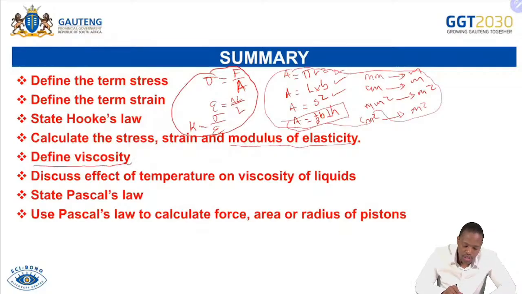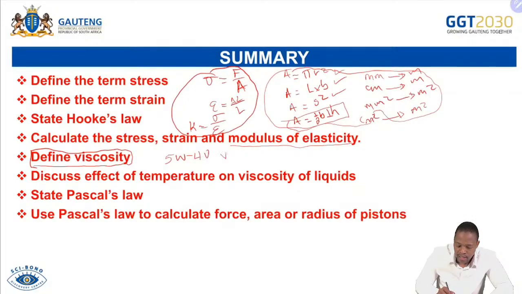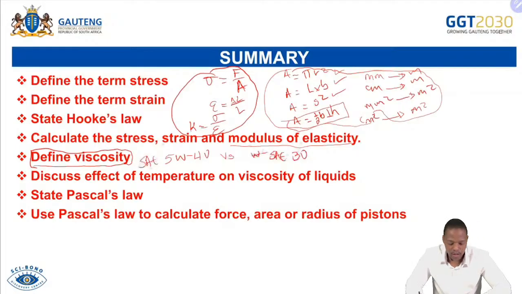Define viscosity. People must be able to define viscosity and be able to discuss the effect of temperature on viscosity. And you must know your multigrade oil 5W40 versus a monograde oil, SAE maybe 30. Okay, and these are also SAEs. Okay, you must know what the SAE stands for, Society of Automotive Engineers.